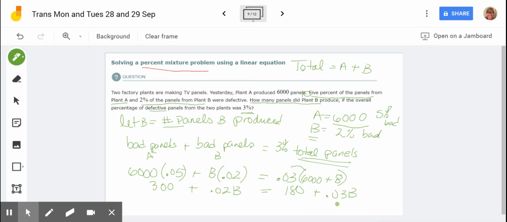All right, let's get the variables to one side. I'm going to subtract this one to keep it positive.